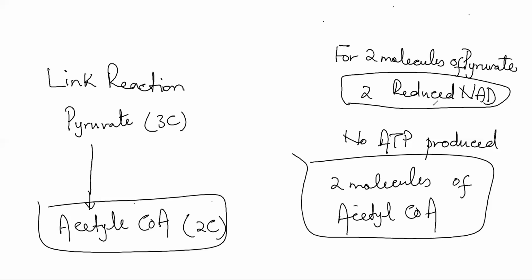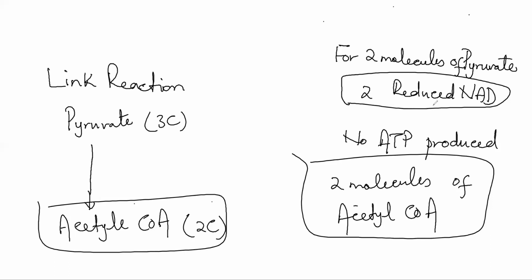So fatty acids are broken down in the mitochondria in a series of reactions, which is basically a cyclic series. In each turn of the cycle, that fatty acid chain gets shortened by a 2 carbon acetyl unit. It means at each turn of the cycle, a 2 carbon acetyl unit is removed from the fatty acid chain.